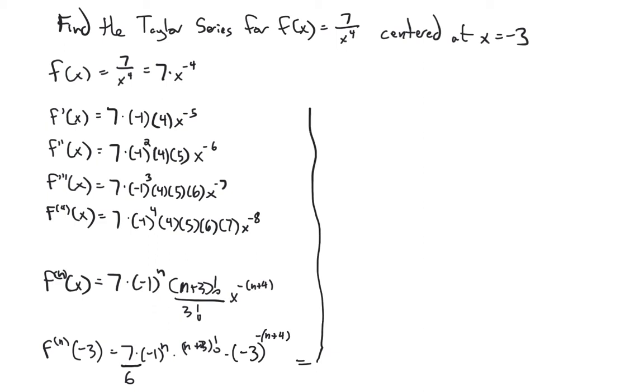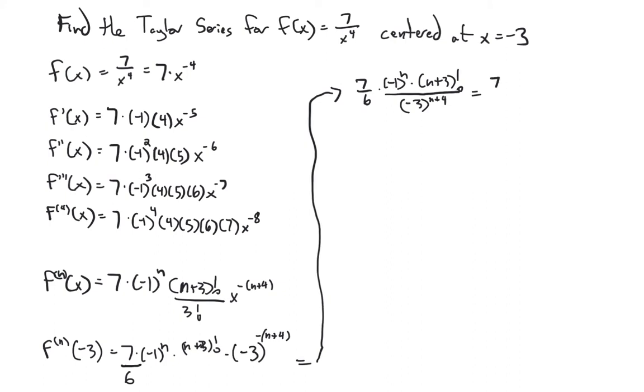In fact, let me actually do it up here. So we'll say that this is 7/6 times negative 1 to the n times n plus 3 factorial. And I'm going to write this as divided by negative 3 to the n plus 4. And I'm going to rewrite this.